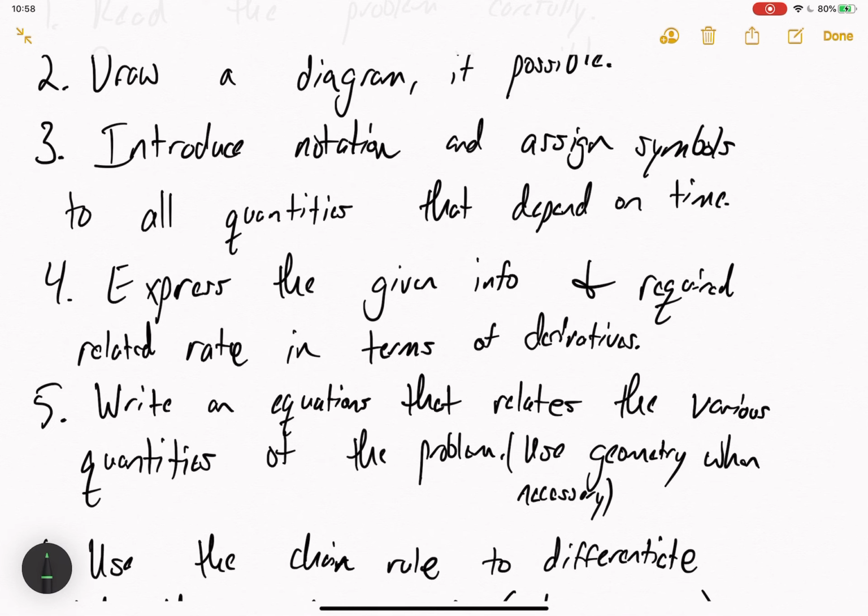Once you do that, you want to introduce some notation and assign symbols to all quantities that depend on time. Basically, what that means is just turn it into math. Like the thing we did when we talked about volume, V equal to volume. When we have radius, let that equal R. If we have lengths of a triangle, we'll say A, B, C, kind of like A squared plus B squared is equal to C squared.